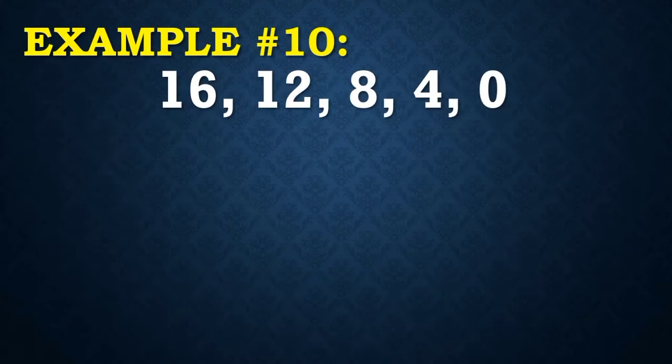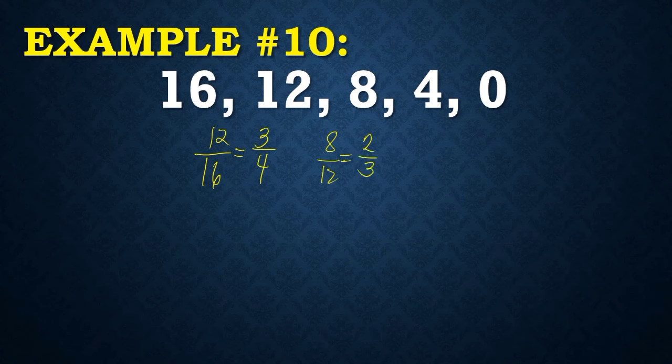So, for our last example, 16, 12, 8, 4, 0. So, 12 over 16. So, pwede natin yan i-simplify as 3 over 4. And then, yung 8 over 12, masisimplify naman yan as 2/3. So, kung mapapansin nyo, wala tayong common ratio.